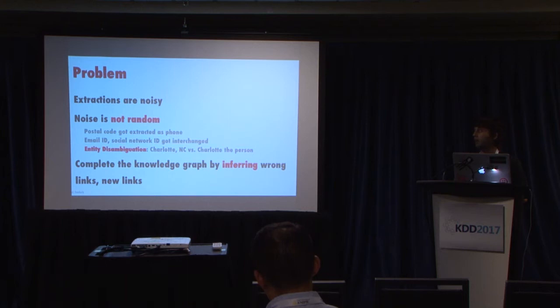So how do we infer which links are wrong? If by accident we got Charlotte, the person, as Charlotte, the place, can we use the other extractions and the context, the words, and so on to figure out that this is wrong, and remove the link so that we're not making the search any noisier than it needs to be, and also try to predict new links?